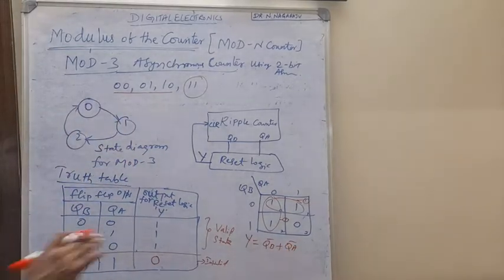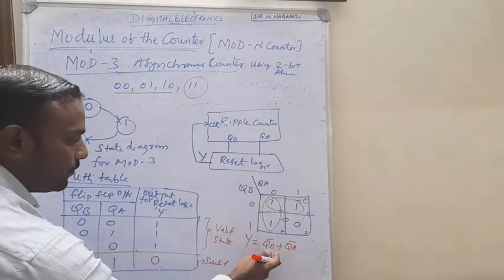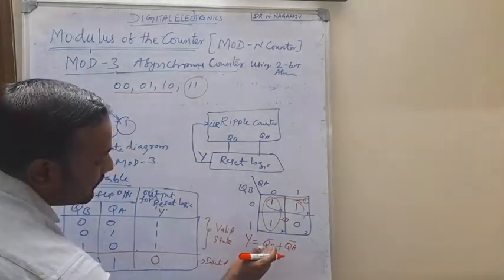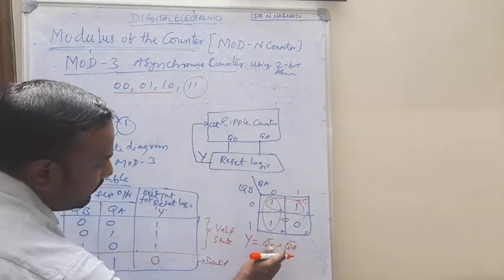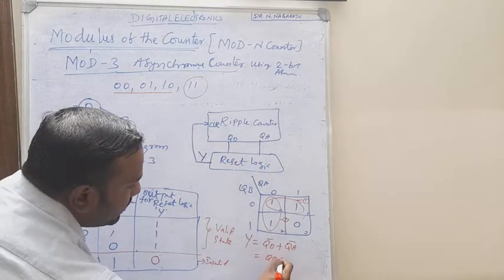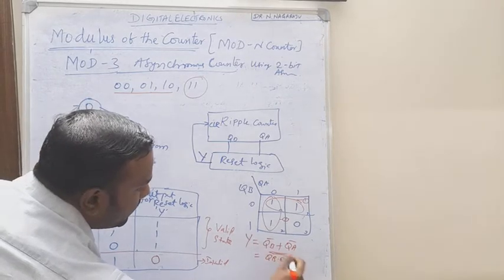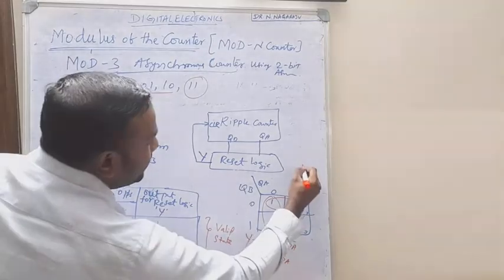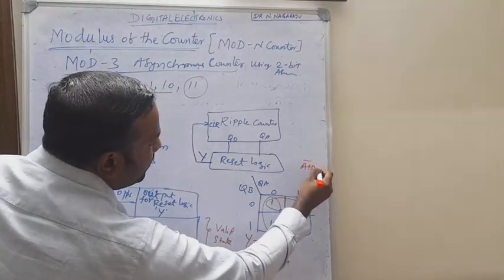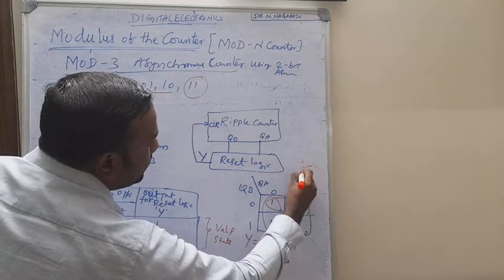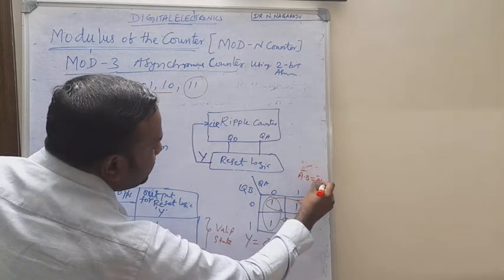Right. So this can also be written as, either you write QB bar plus QA bar, or you know that it is the bubbled OR gate, A bar plus B bar. So this can be written as QB dot QA the whole bar according to De Morgan's law. De Morgan's law: A dot B the whole bar is equal to A bar plus B bar.